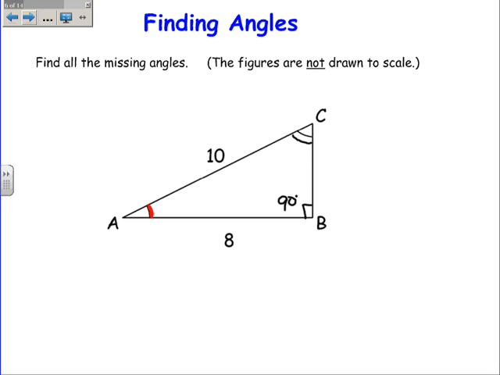Now, from A, I know the hypotenuse and I know the adjacent. The ratio that relates the adjacent and the hypotenuse would be the cosine ratio. So I know the cosine ratio is 8/10. To find the measure of angle A, I will look at the inverse cosine of 8/10.